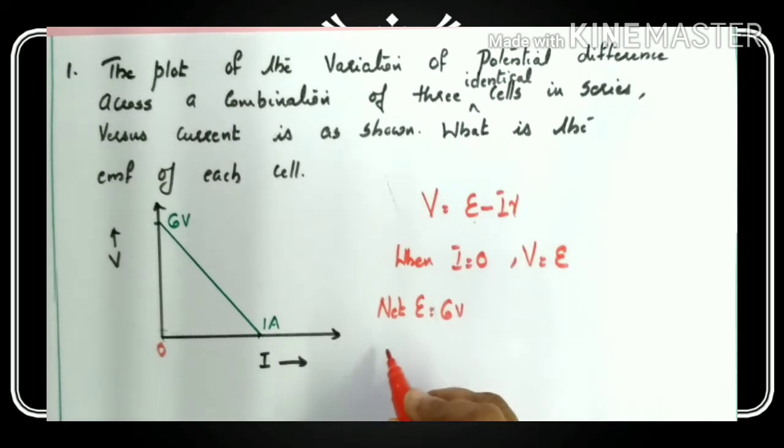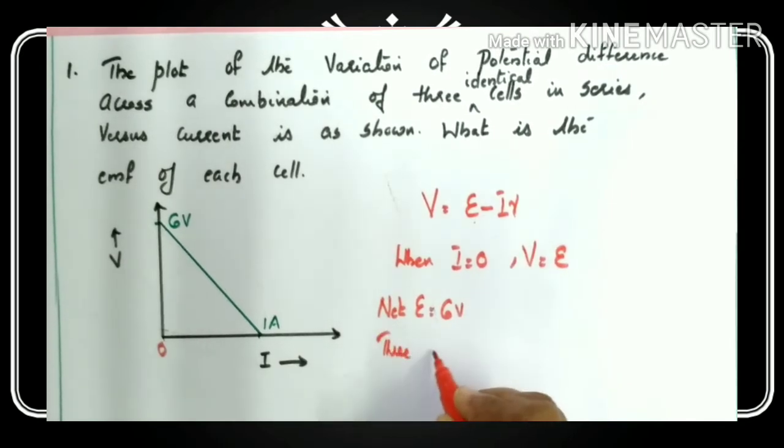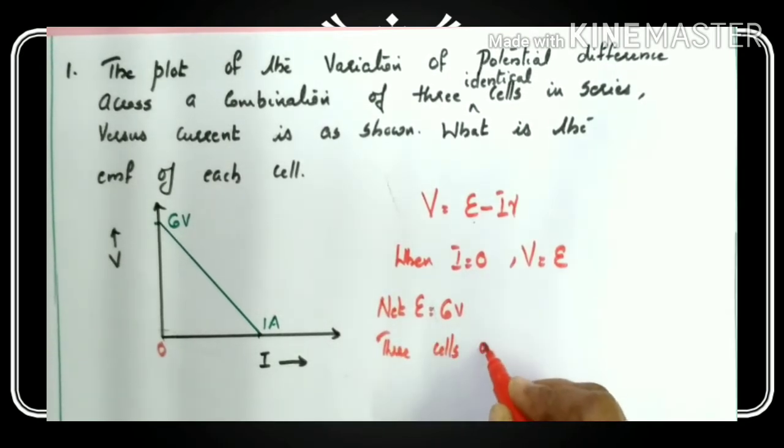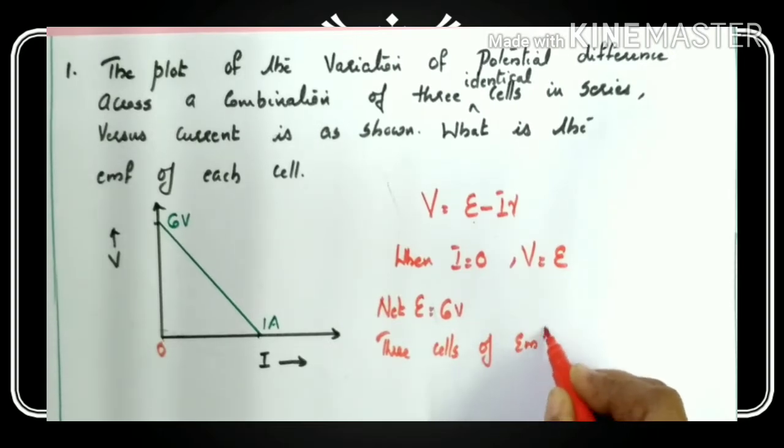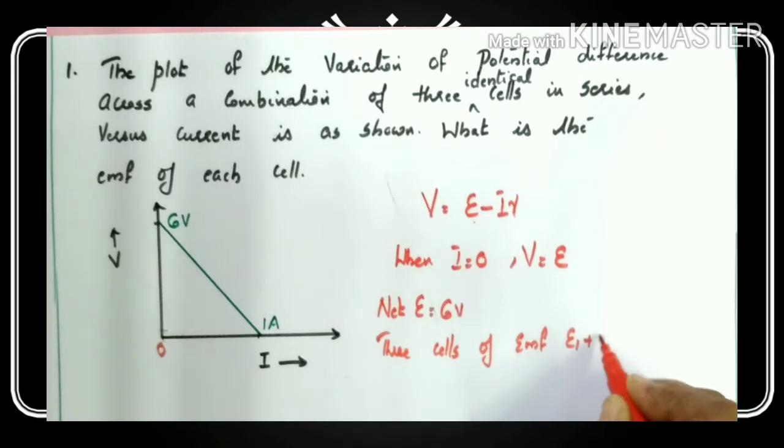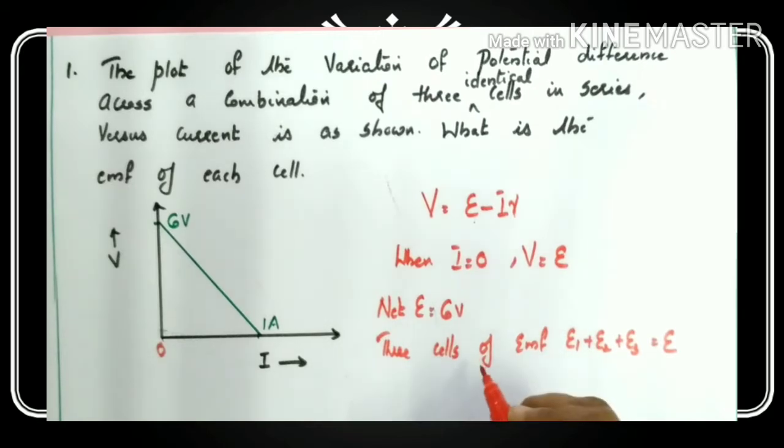For three cells of EMF E1, E2, E3, the total EMF equals E1 plus E2 plus E3.